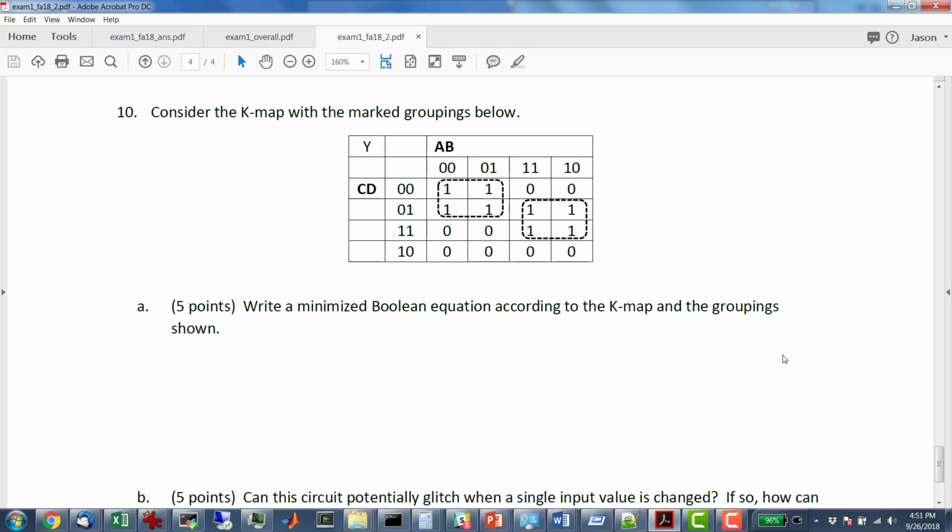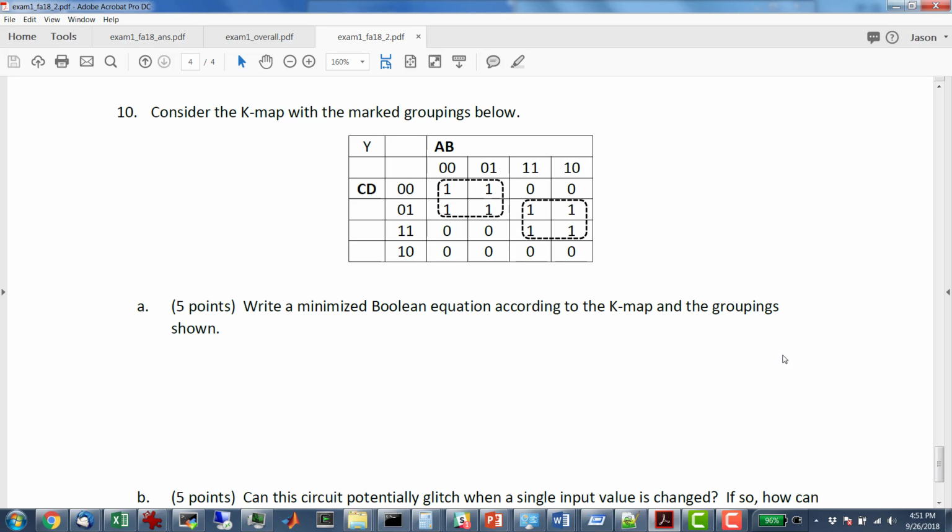The way to fix it is to add a third implicant that overlaps that, prevents that from happening. So if I want to prevent the glitch, I can add this redundant term, which is not C and D, which will cover this whole row and will connect these two groupings together.